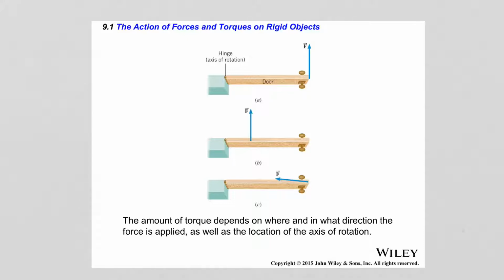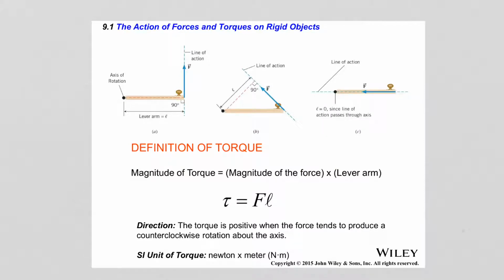Therefore, this force will generate a different amount of torque compared to the force applied here. So then we can define the torque, tau, as the product of the force F and the lever arm L.